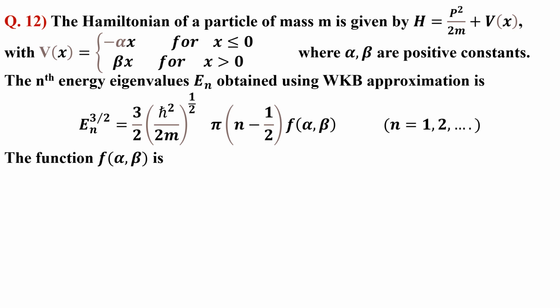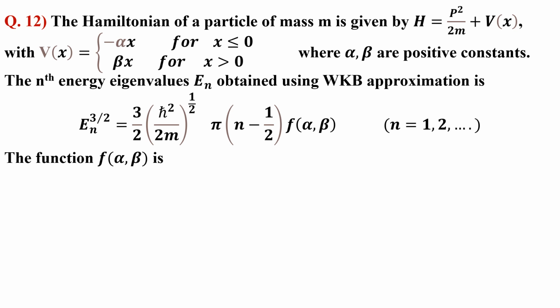The nth energy eigenvalue En obtained using the WKB approximation is En^(3/2) = (3/2) √(ħ²/2m) π (n minus 1/2) f(alpha, beta), where n equals 1, 2, 3 and so on.